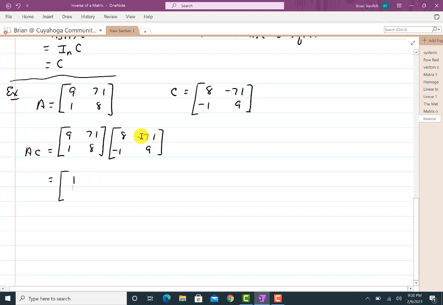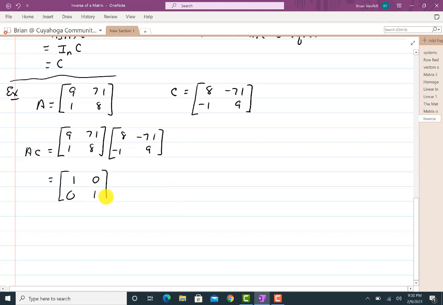And then when I move over to first row, second column, I'll have 9 times negative 71 plus 71 times 9, which is just 0. As I move on, 1 times 8 minus 8 times 1 is 0. And then finally 1 times negative 71 plus 72 gives me 1.